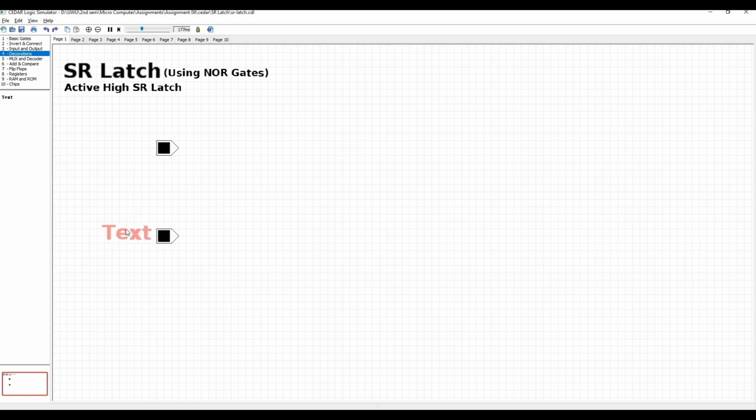I'm going to name this input S, which is the set input. And I am going to name this input R because it is the reset input.